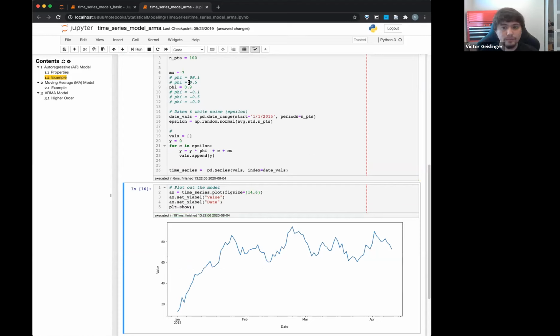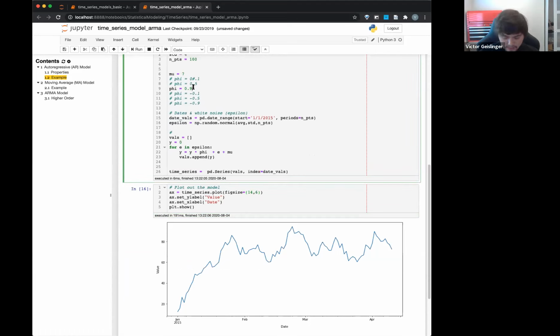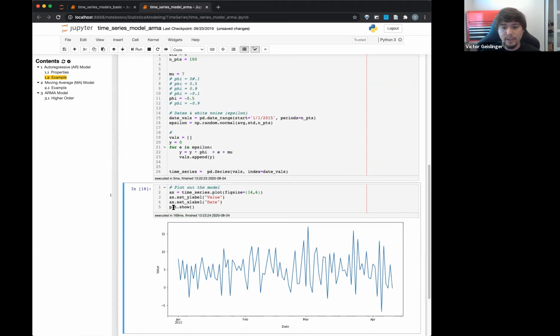Okay, cool. Let's try out if we have some kind of oscillation. So let's start with negative 0.5. In this case, it's going to flip-flop each time, so we should see that oscillation in there. And sure enough, when we do that, we can see there's a lot more oscillation going on. Basically, you have this point right here, it's about 6 or 7, and then it's going to be negative a half.